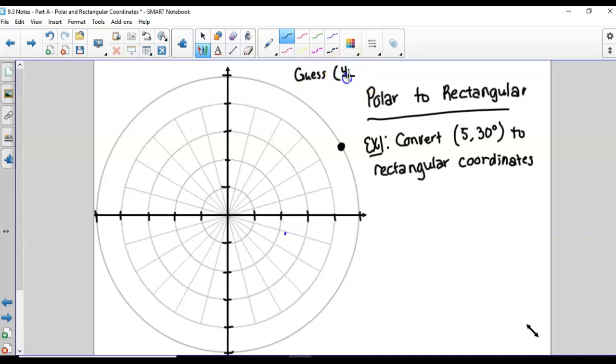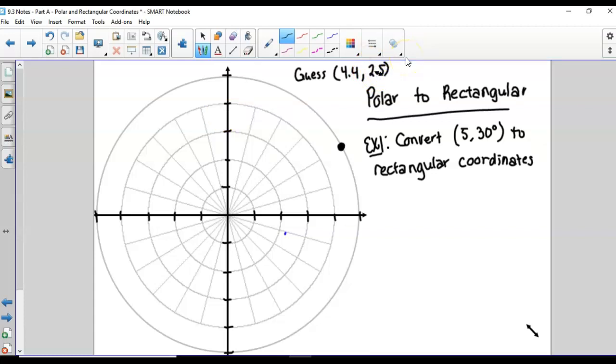Okay, let's try 4.4. This is just our guess right now, because it's definitely somewhere between 4 and 5, right? And then what do you want to guess for the y? 2.5. Let's see how close he is.